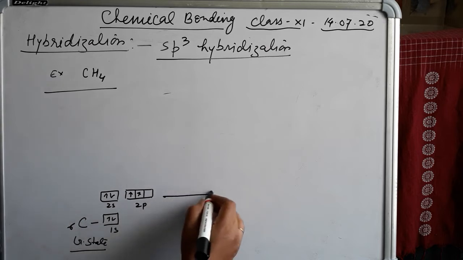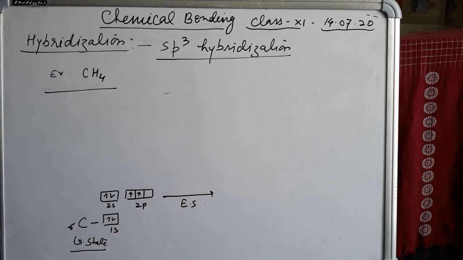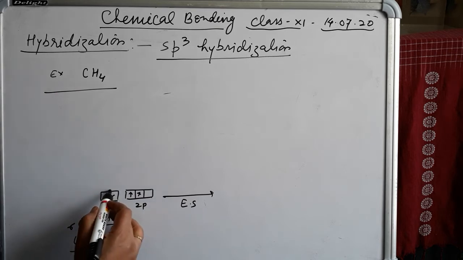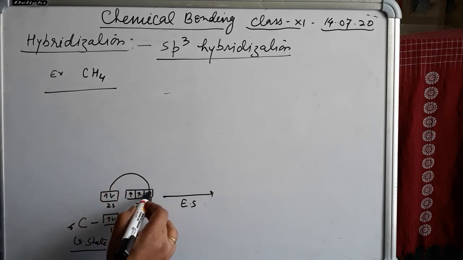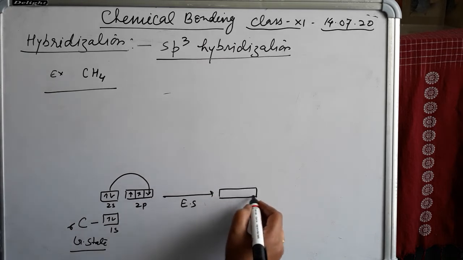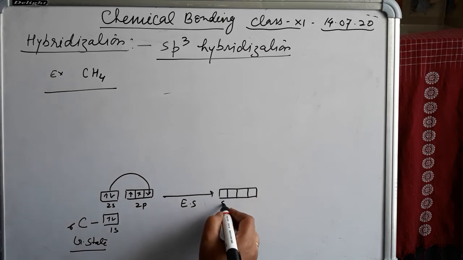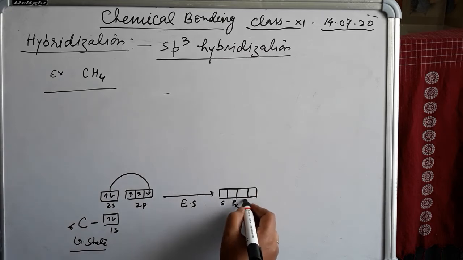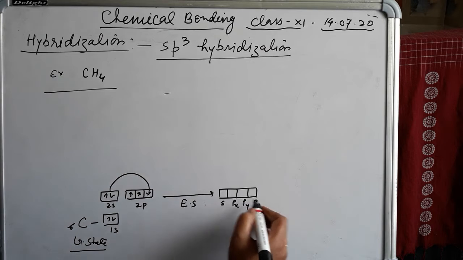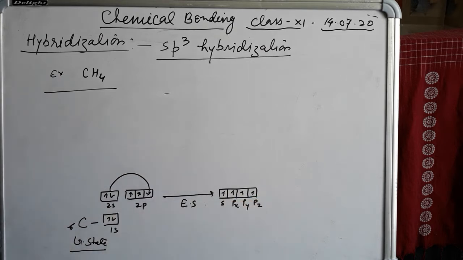So electron promotion takes place in the excited state. I am writing directly the excited state. This electron goes to the p orbital. So we have 4 hybrid orbitals, 1s and 3p, px, py and pz, and each contains one unpaired electron.